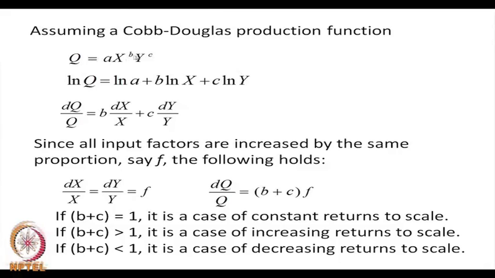Whereas, if we find that b plus c is less than 1, it means that if we increase x and y by an equal amount, there will be less than proportionate increase in the value of q. This information is very important in deciding how much more input we should give to increase our production.